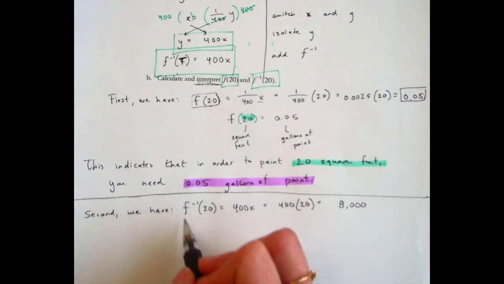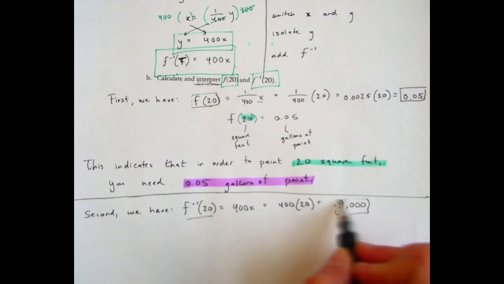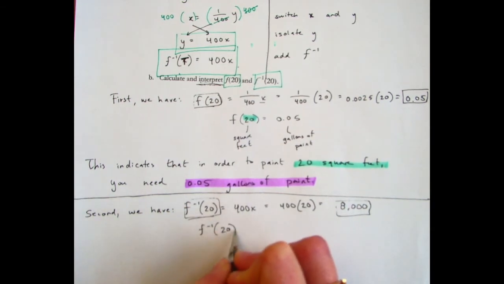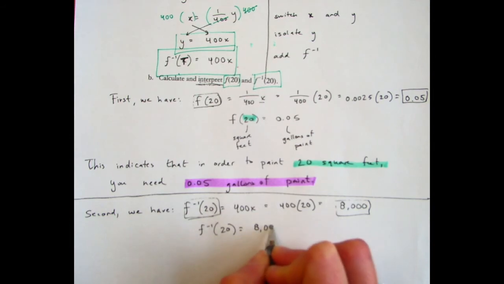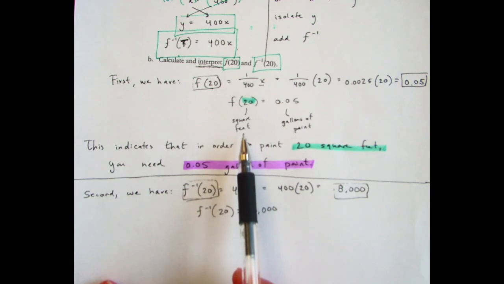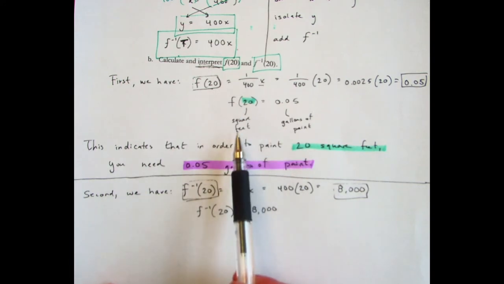All right, now to connect my input and my output, I have f-1 of 20 equals 8,000. I'm going to go ahead and label my units again. Key thing to realize, for your inverse function, the inputs and the outputs are going to switch places.